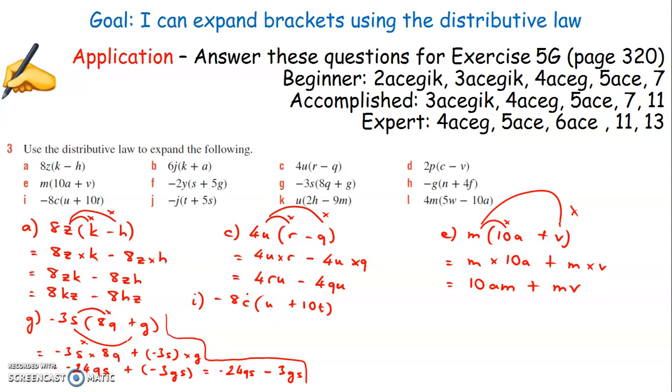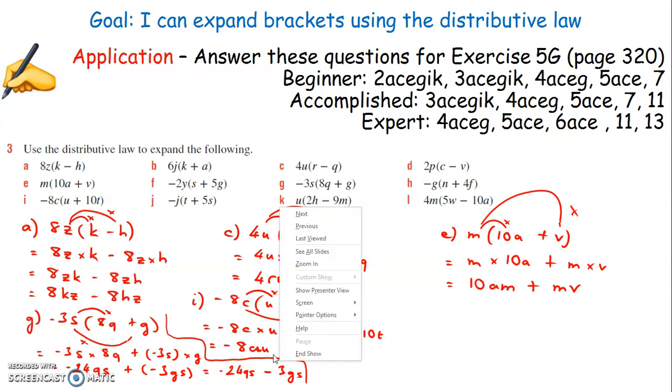Negative 8c times u, and then negative 8c times 10t.